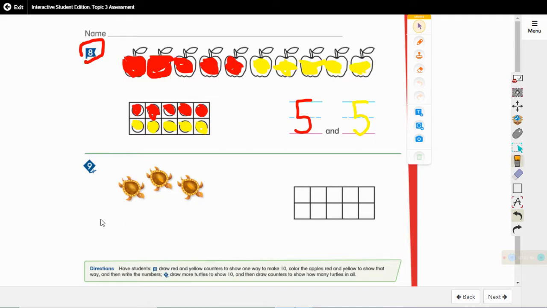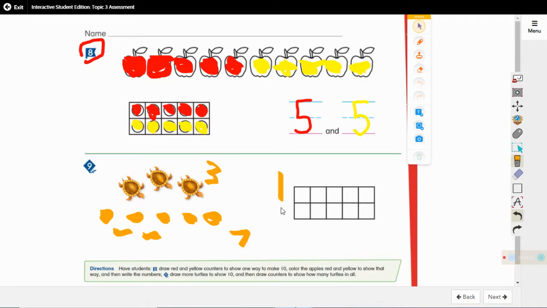So let's keep drawing and count. 4, 5, 6, 7, 8, 9, 10. So we had 3 and we had to draw 1, 2, 3, 4, 5, 6, 7. So we had 3. We had to draw 7.